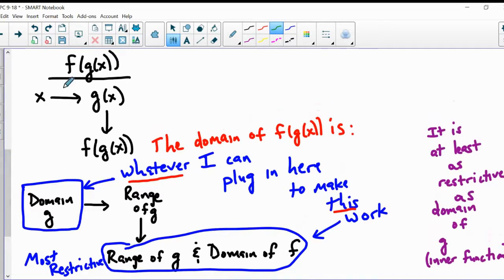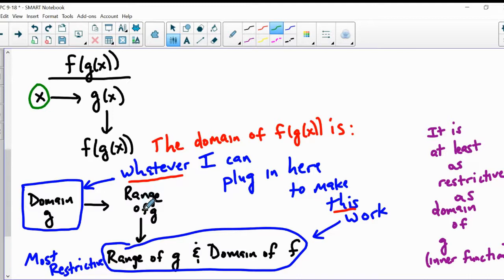I take a value for x, I substitute it into the inside function, and then whatever I get goes into this new composite function. So if we look at it in terms of domains and ranges, the domain of the first gets plugged in, and out comes the range of the first.